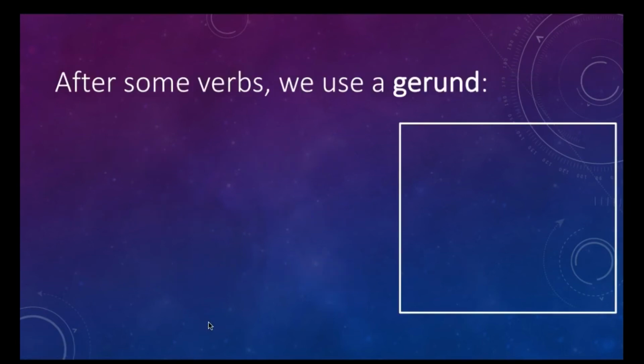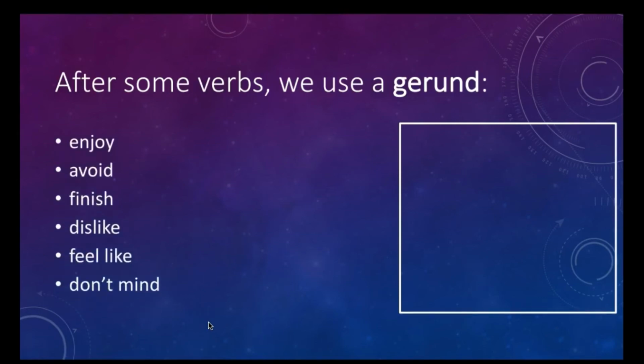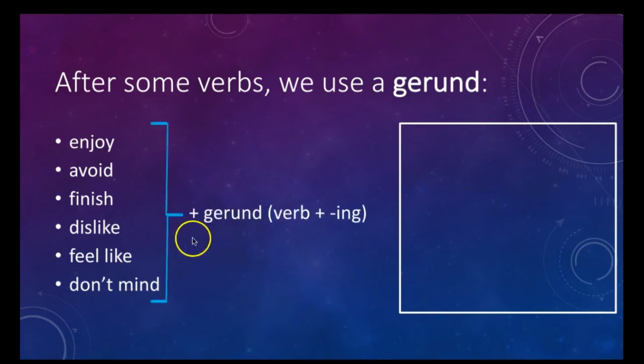After some verbs, we use a gerund. These are some verbs: enjoy, avoid, finish, dislike, feel like, and don't mind. After these verbs, we use a gerund, verb plus ing.